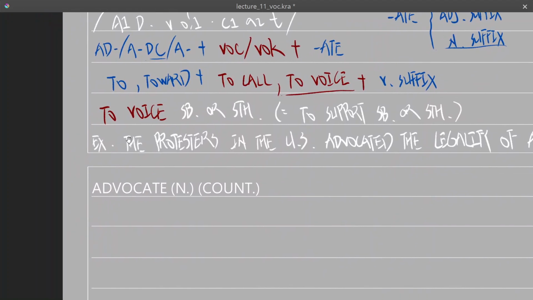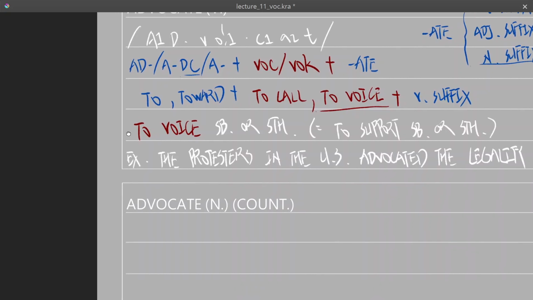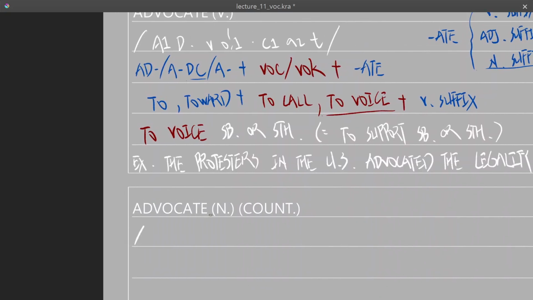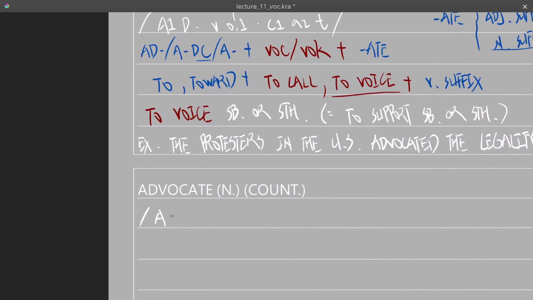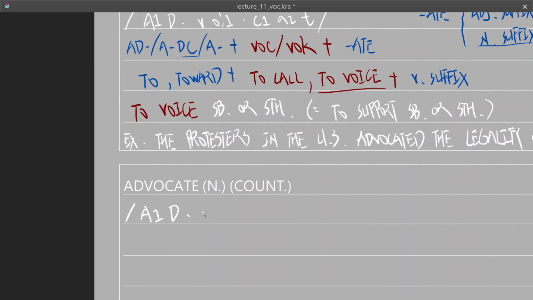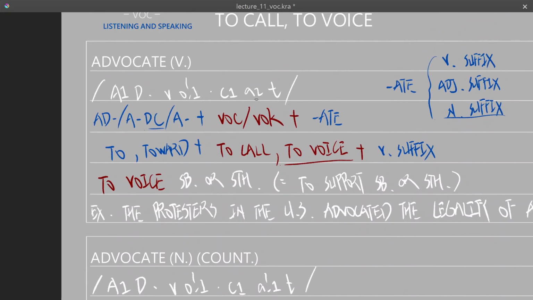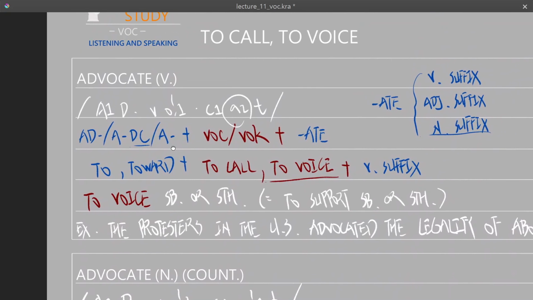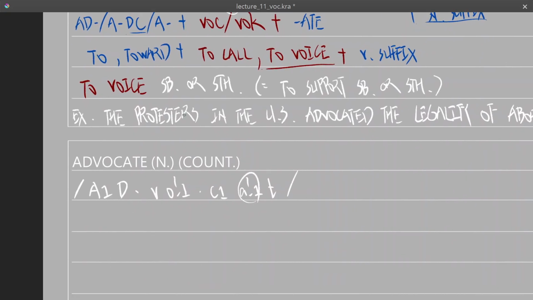All right, next we have the noun form of advocate. The same spelling but different pronunciation, we call it advocate. So the difference is that the long A sound becomes the first schwa sound.